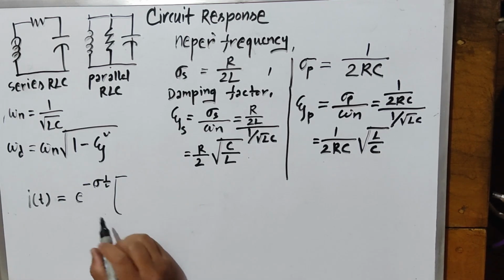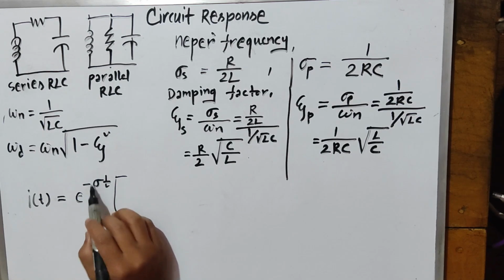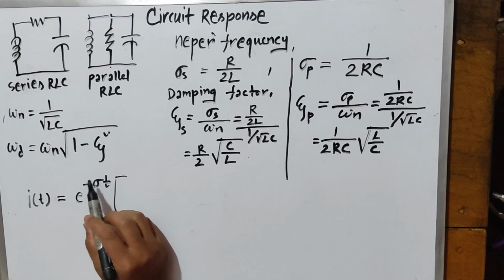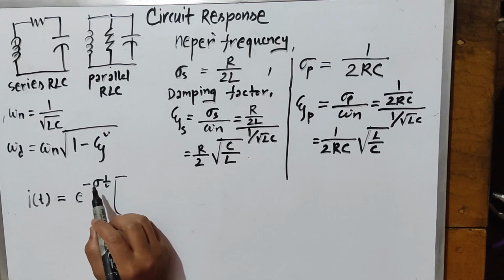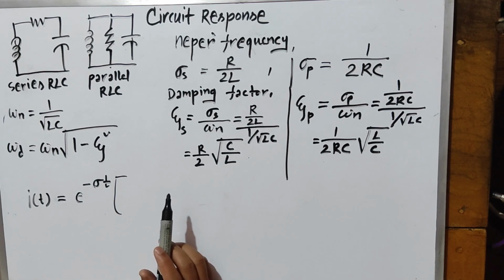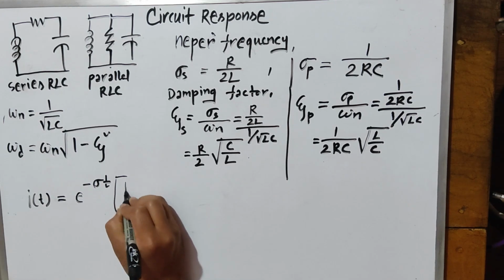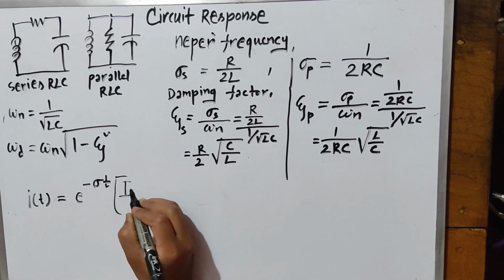Now, in my previous expression it was psi or zeta t. I'm replacing this by sigma, which is the Napier frequency, as I have newly defined all the terms.